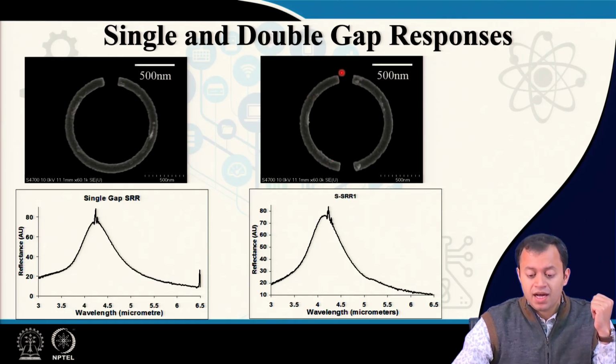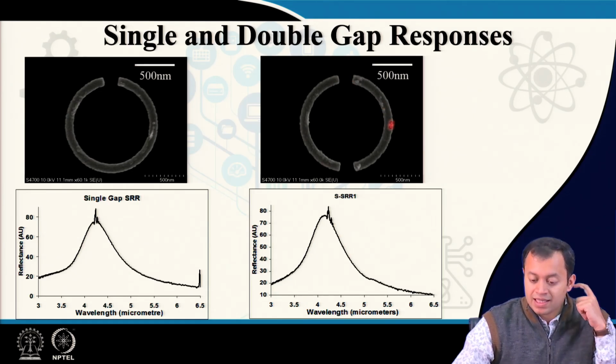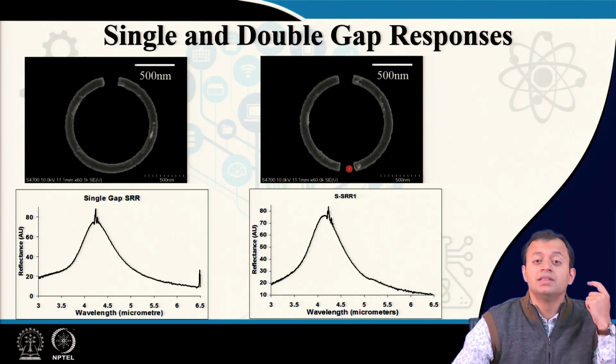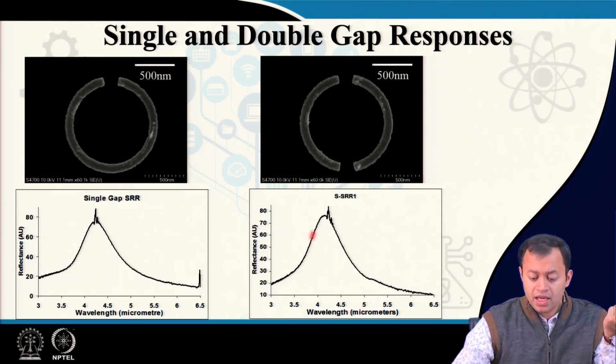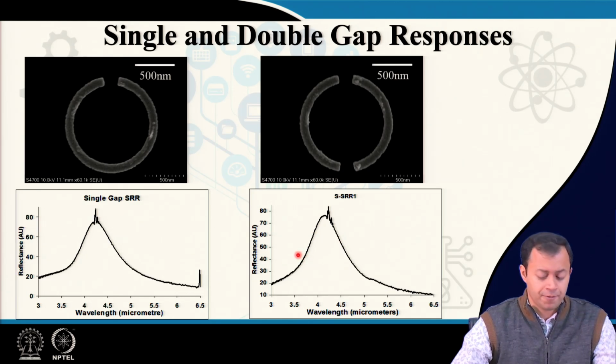So, if the left hand arc has a resonance and the right hand arc has a resonance, if the size of the left hand arc and the size of the right hand arc are the same, their responses are also the same and they overlap nicely, no problem whatsoever.